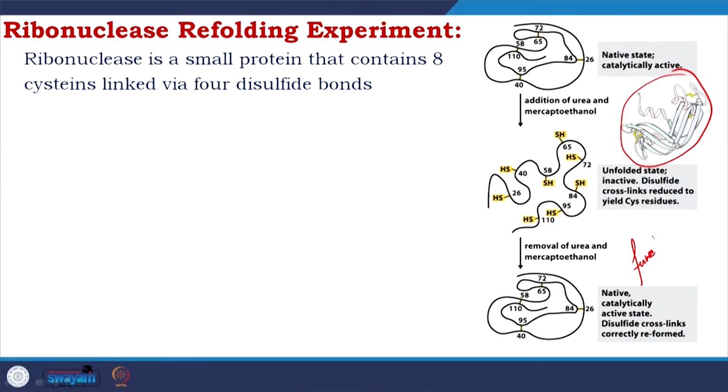So, functional means folded, and Anfinsen used the assay I mentioned. He purified the protein and did the assay, and so the protein is able to generate red color, which means the protein is folded.